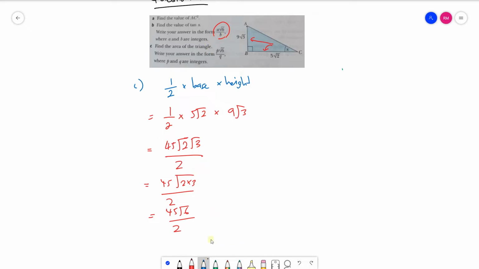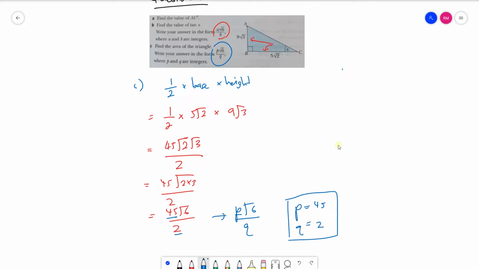So if we compare with P surd 6 over Q from the question, we can say that P is equal to 45, correct? And Q is equal to 2. Okay, this is the answer for part C of question 1.